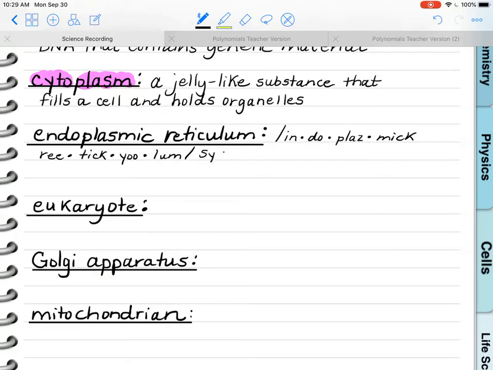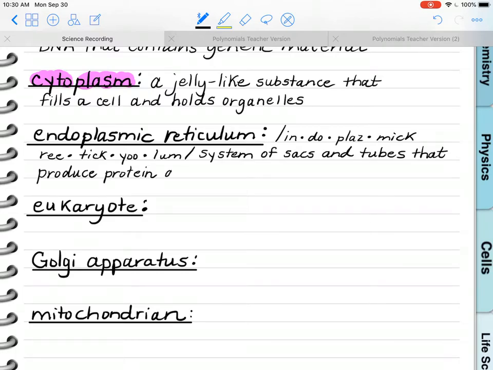The ER is a system of sacs and tubes that produce protein, your body must have protein to survive, and moves it through the cell.